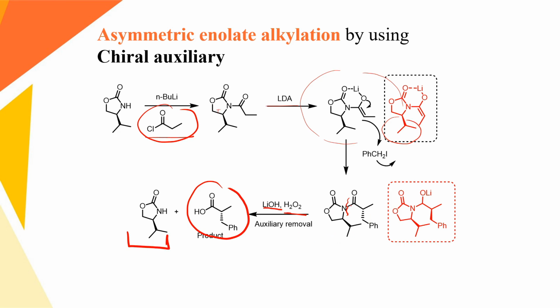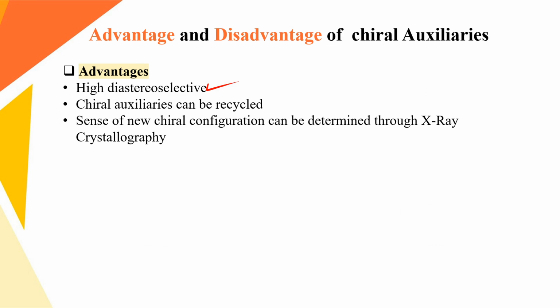Because this particular stereo center hasn't changed, there might be a possibility to form this product also, but if it is only an enantiomer, then it is very hard to separate. But since it forms a diastereomer, it is very easy to separate via column chromatography. So this is another advantage, besides that it is highly diastereoselective.